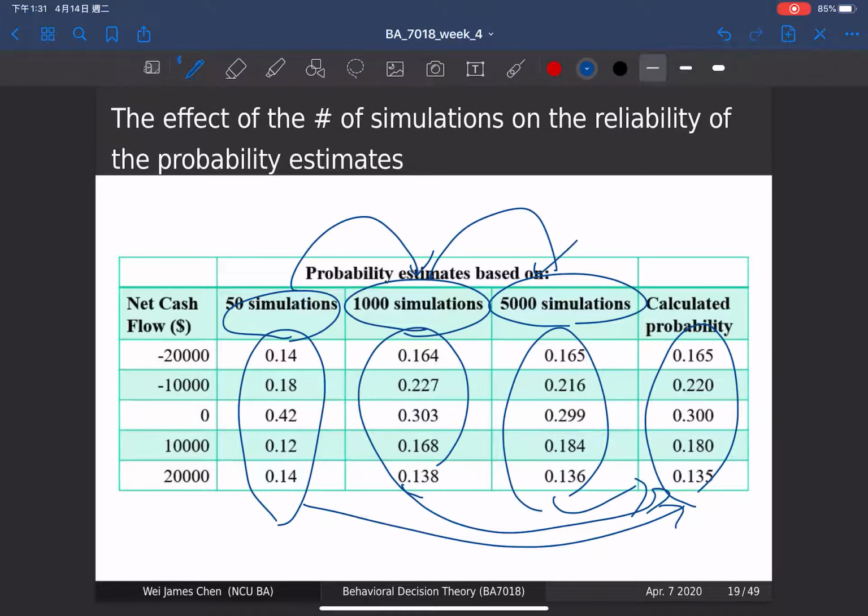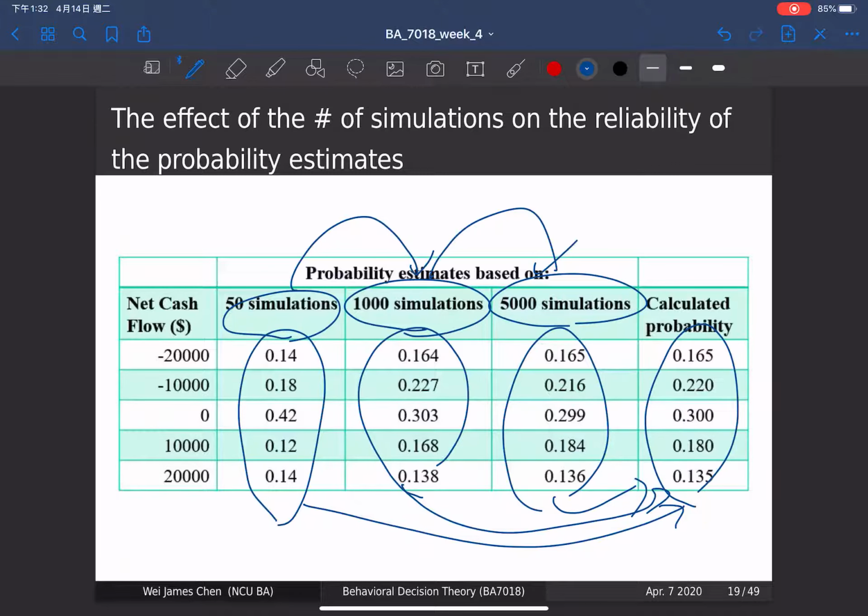For you to manually run the simulation, the cost is obvious: your time, right? It takes you a lot of time to do the calculation. Even if you run it on a computer, for this kind of simple simulation, 5,000 times might be just 1 second. But for a more complicated simulation, 5,000 might take, say, a day, and 10,000 times maybe 2 days.